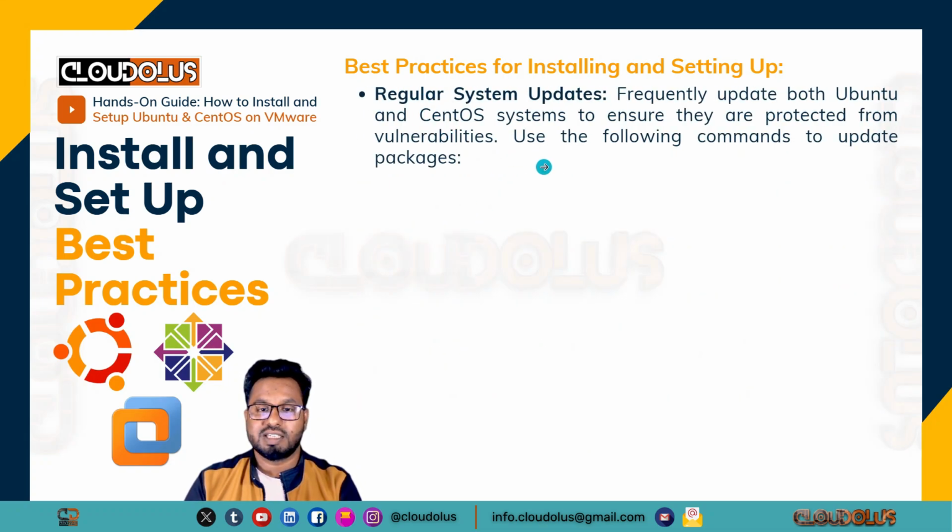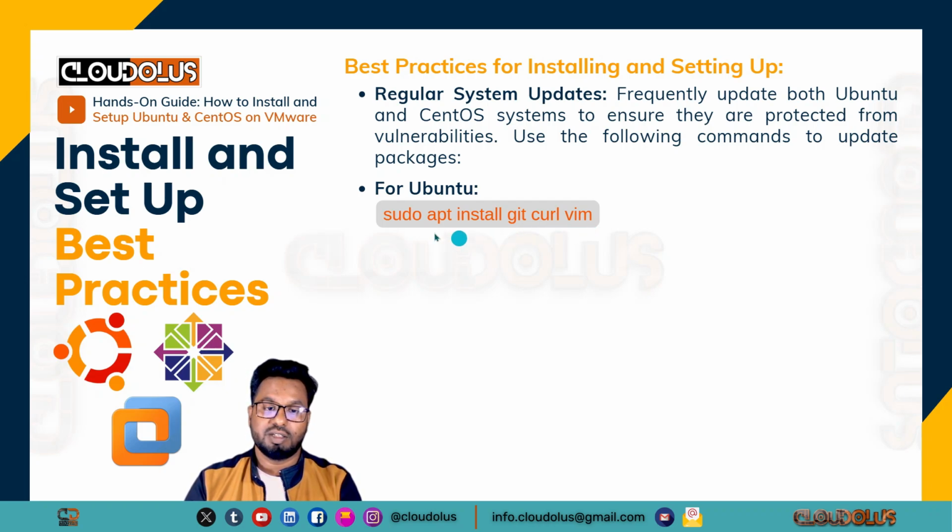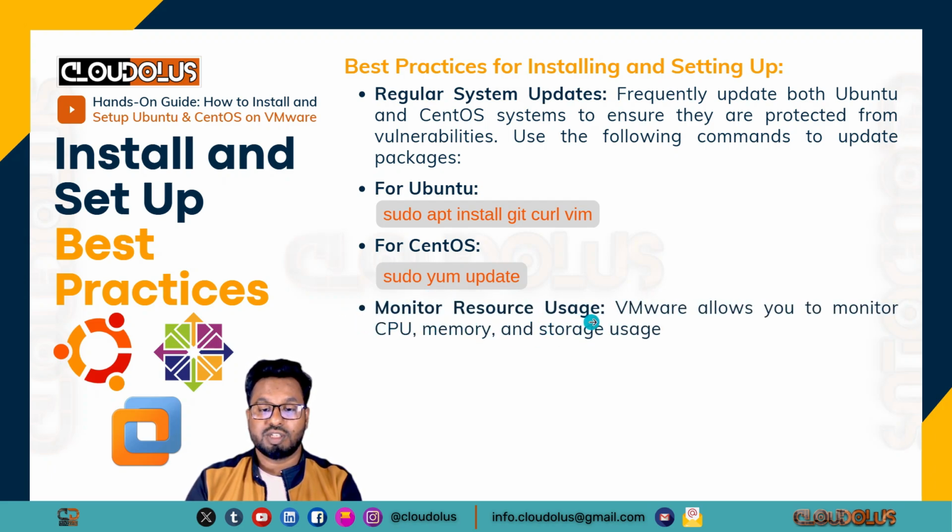Next, regular system updates. Update both Ubuntu and CentOS systems frequently to ensure they are protected from vulnerabilities, and use the following commands to update packages. For Ubuntu, use sudo apt update and upgrade to always keep your Ubuntu system updated. For CentOS, use sudo yum update. Then monitor resource usage: VMware allows you to monitor CPU, memory and storage usage.